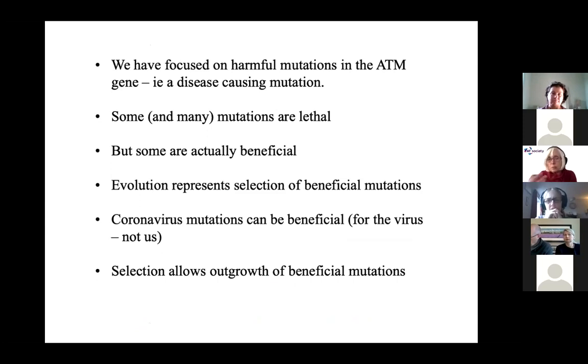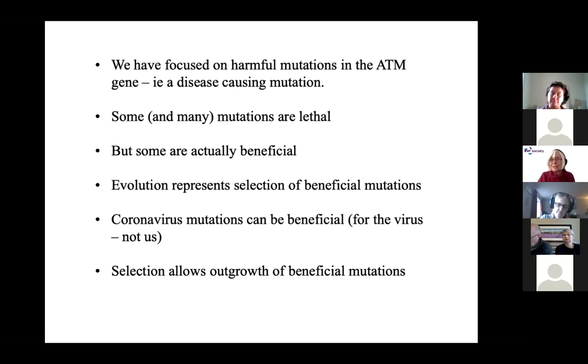Okay, so up to now, I've mainly focused on harmful mutations in the ATM gene that are disease-causing mutations. They're causing Ataxia-Telangiectasia. Some mutations may be lethal, as I've said, but some are actually beneficial. And evolution represents the selection of beneficial mutations.